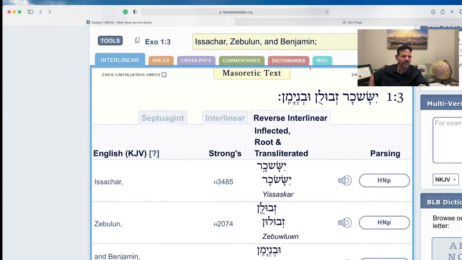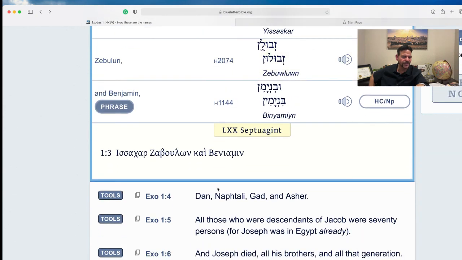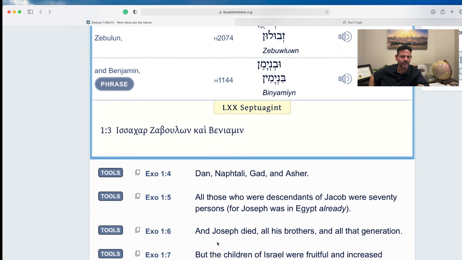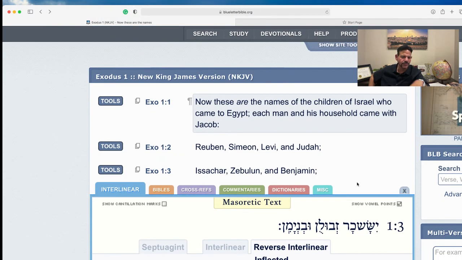Well, at least he had Benjamin, and then he goes into the other children and mentions that Joseph was already there, and then in verse 6, Joseph died and all his brothers. So it's almost a way to respect the dad and say, yes, we know Joseph, whom you thought was dead, eventually died. So let's remember Benjamin, because he's still alive coming into Egypt and still playing a role as one of the heads of the tribes.